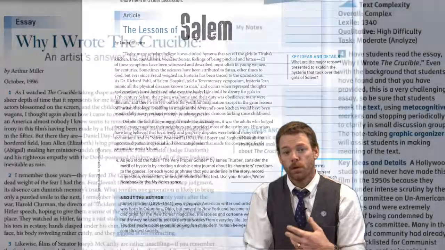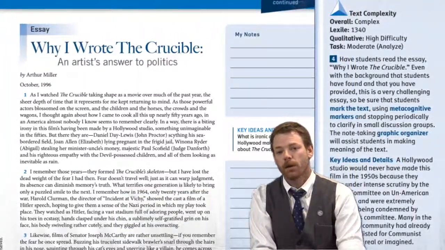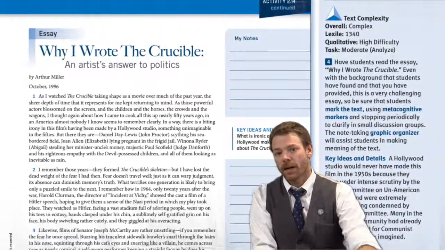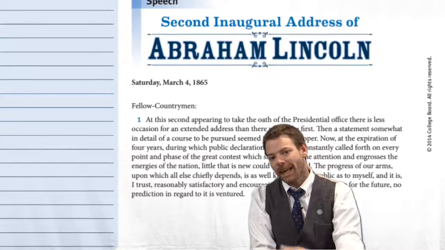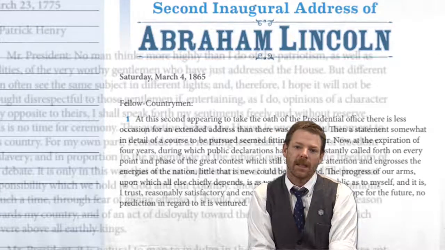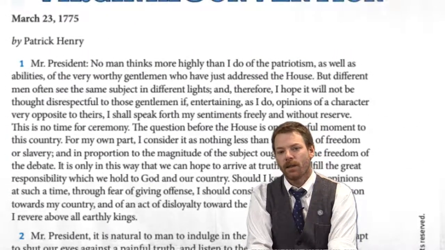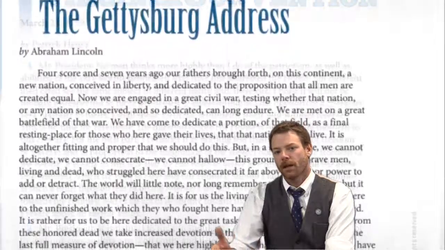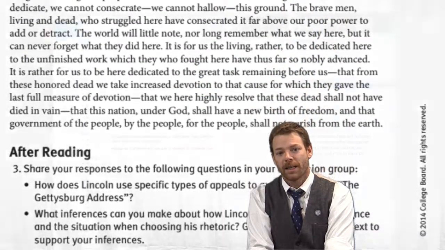Obviously, Miller used this long narrative to present his ideas not only about hysteria, but about what was happening in the 1950s in America. The second half of the unit in Springboard is informative readings that are speeches from basically the American canon. And these are essential for building that understanding of how authors use rhetoric to present their ideas.